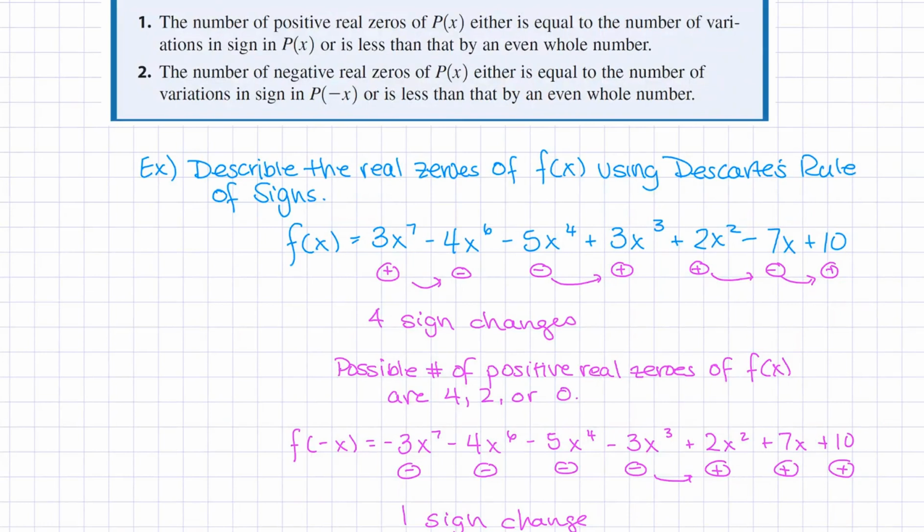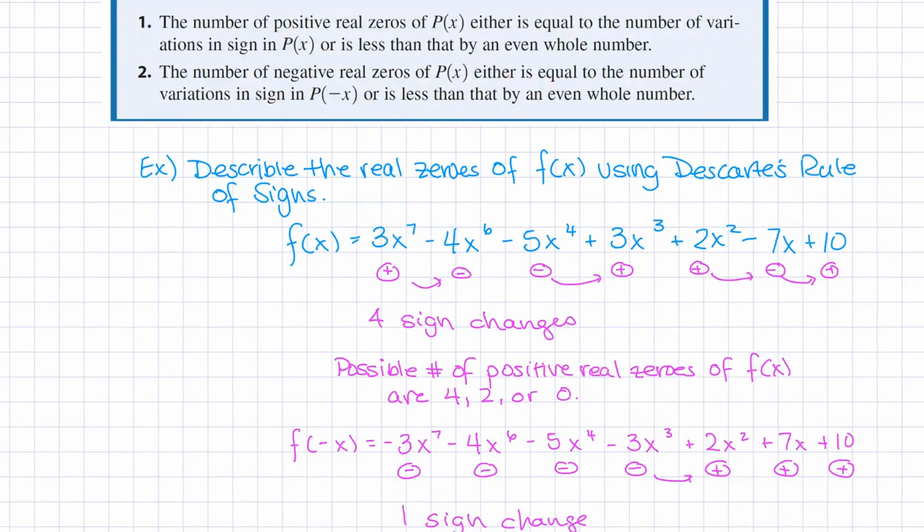So first I just make a note of the positive and negative. So 3 is positive, then we got -4, and then we got -5, and then we got 3, and then we got 2, and then we got a -7, and then we get a 10. So I'm just looking at the signs. And then where was there a sign change? I changed from positive to negative, then negative to positive, then positive to negative, and negative to positive. So I'm counting 1, 2, 3, 4 sign changes.